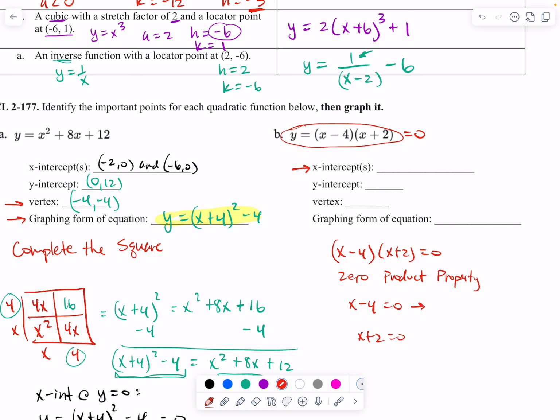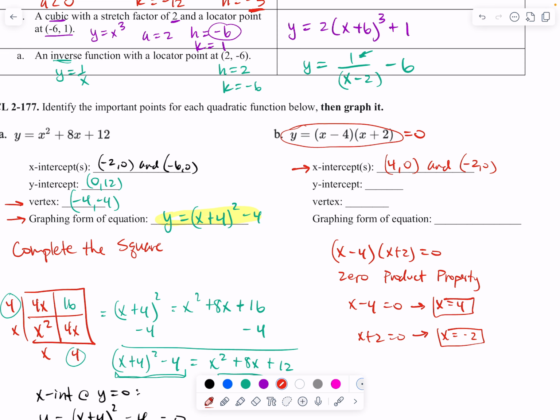So if x minus 4 equals 0, then x is equal to 4. That's my first x-intercept. And if x plus 2 is equal to 0, then x is equal to -2. That's my second x-intercept. So x-intercepts are going to be at 4, 0, and -2, 0.